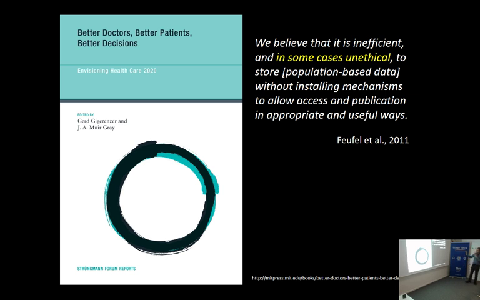But it's then interesting that there are some ethicists who argue from the other direction. There's this book from 2011 where they say, basically, in some cases it's unethical not to make the data available for this sort of analysis, because if you don't make it available, people are going to suffer. So this is becoming more and more known, and I think very slowly there's been an openness to having the data analyzed in this way.